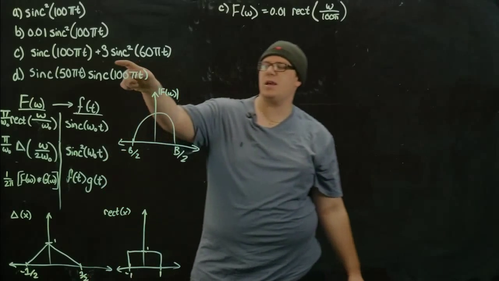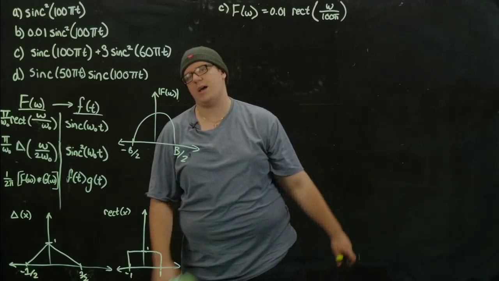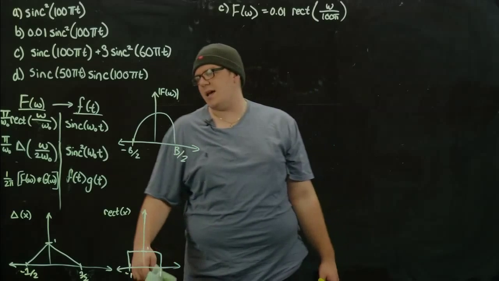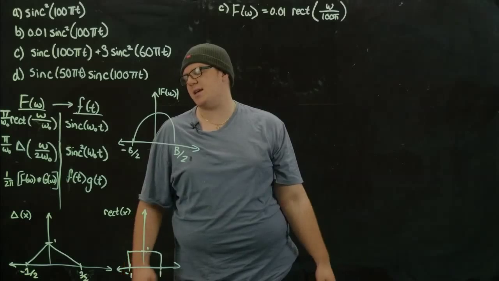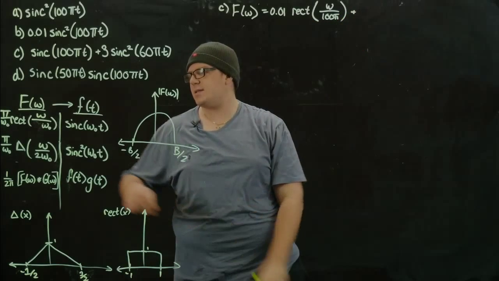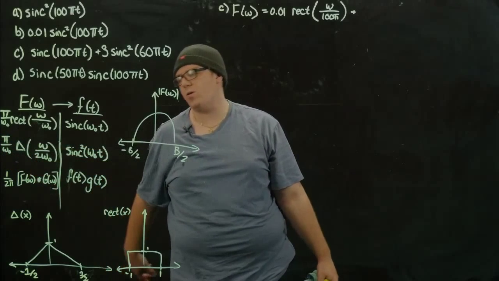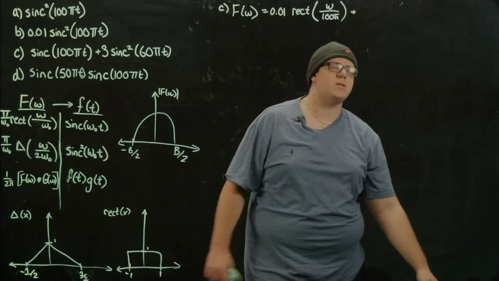So now we need to take the Fourier transform of this guy here, 3 sinc squared of 60 pi t. Because the constant just comes out front, we get plus 3 times pi over 60 pi. So that's 1 over 60, or 3 times 1 over 60.